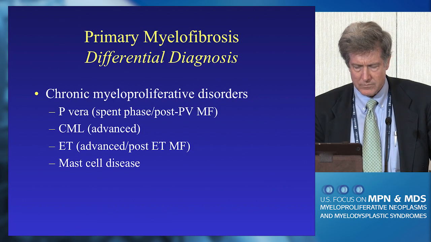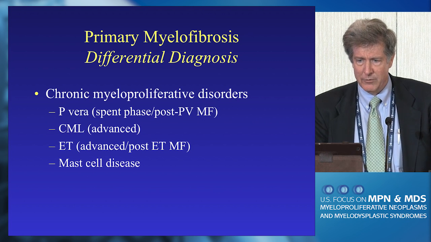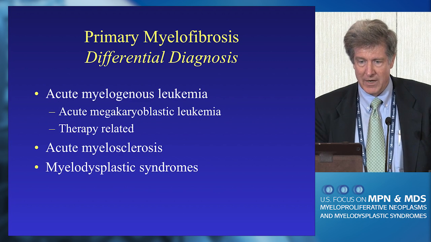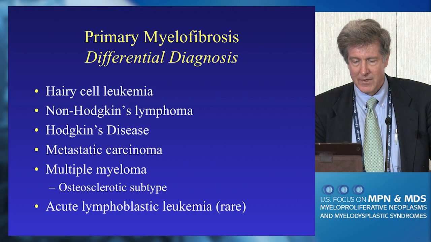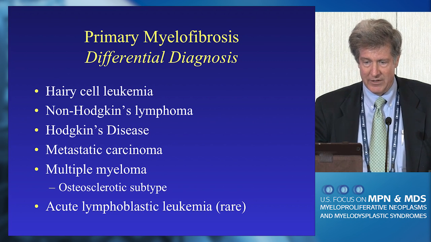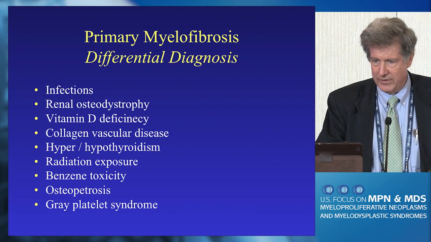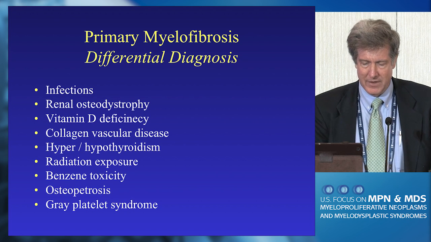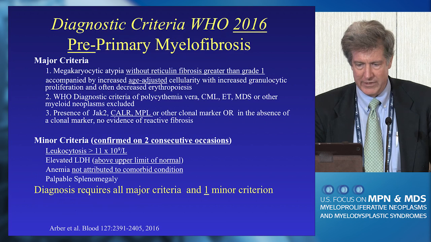And again, to remember, there are many different things that can cause reactive fibrosis, including the other MPNs, acute leukemias, lymphoproliferative diseases, including hairy cell leukemia and Hodgkin's disease, and infections and reactive processes, including benzene toxicity and radiation exposure.